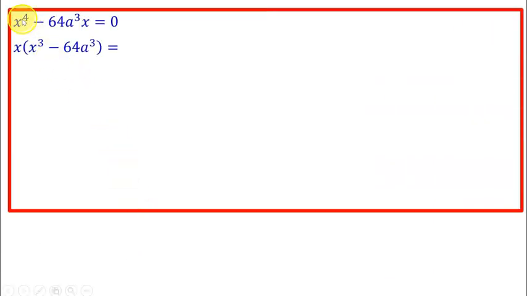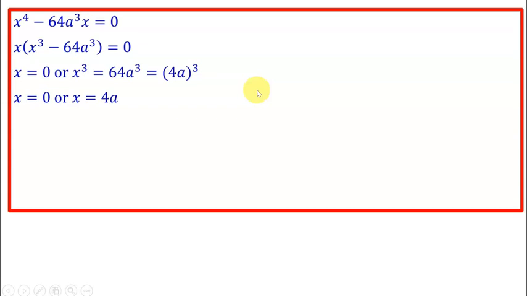Therefore x raised to 4 minus 64a cube x is equal to 0. Now from these two terms take x as common. Then in the bracket you will have x cube minus 64a cube, that is equal to 0. Therefore x is equal to 0 or x cube is equal to 64a cube, which is 4a whole cube.